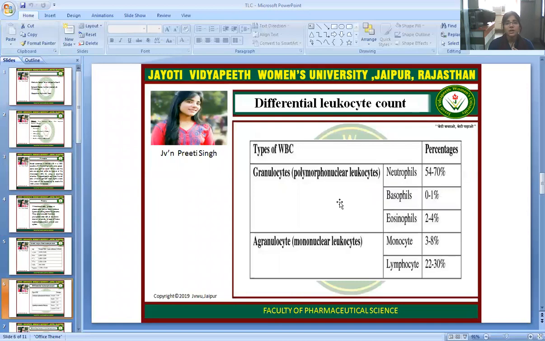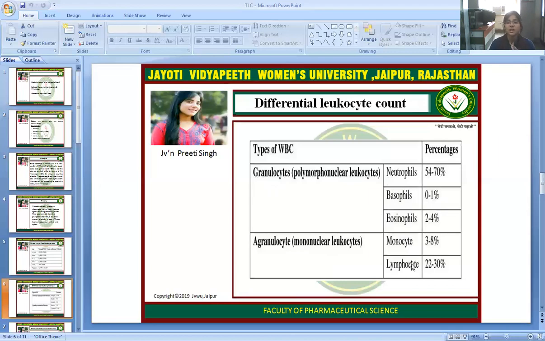Now we come to the differential leukocyte count. Types of WBC depend upon the blood granulocytes. Granulocytes are polymorphonuclear leukocytes, and agranulocytes are mononuclear leukocytes. Granulocytes are composed of neutrophils, basophils, and eosinophils.